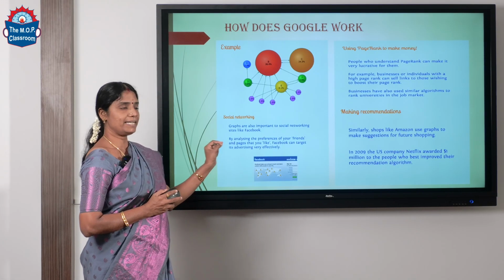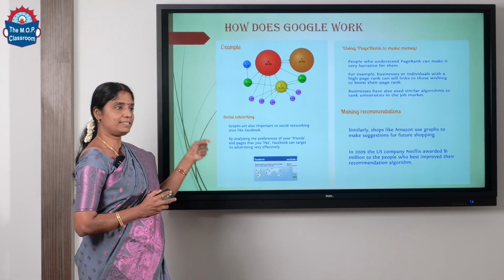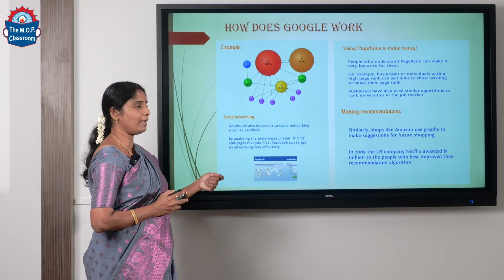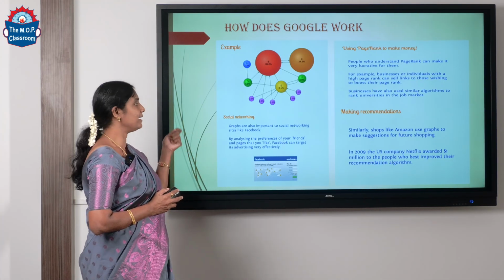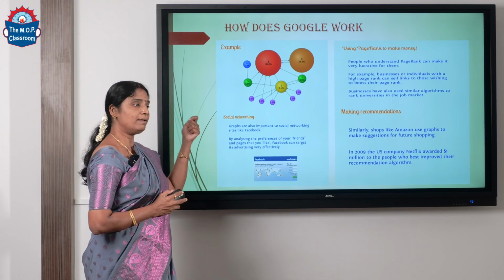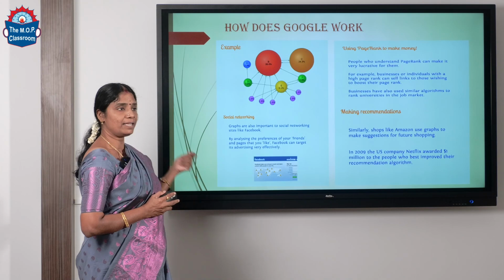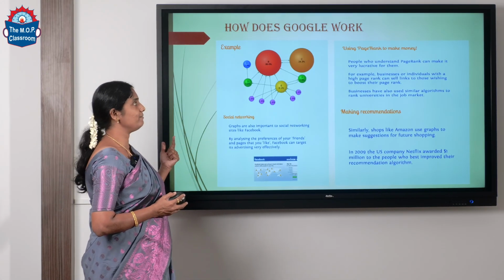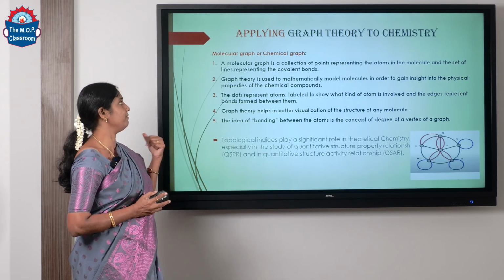As the suggestion is given, we start browsing that particular product. So how does it get connected? Again, the graph theory concept is related to it, and the page ranking system has been adopted. Behind the page ranking we have a graph theory algorithm to solve such conditions. These are the real life situations where we use graph theory concepts.